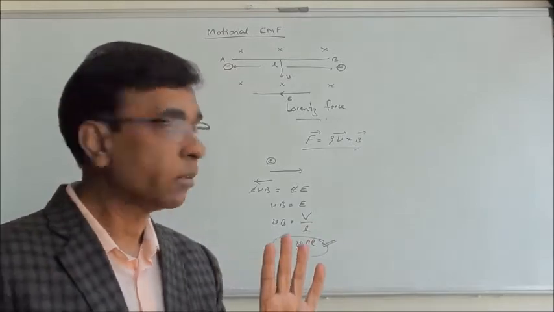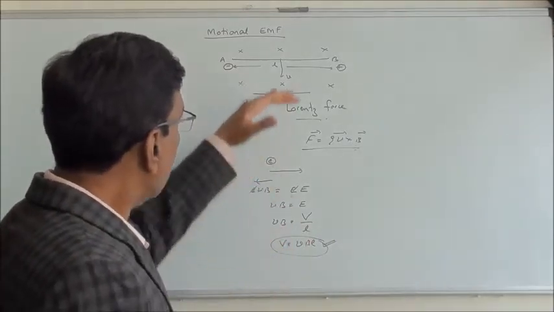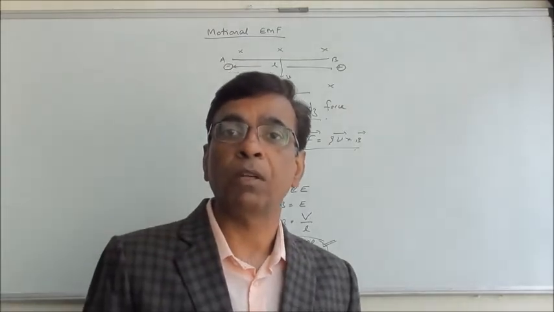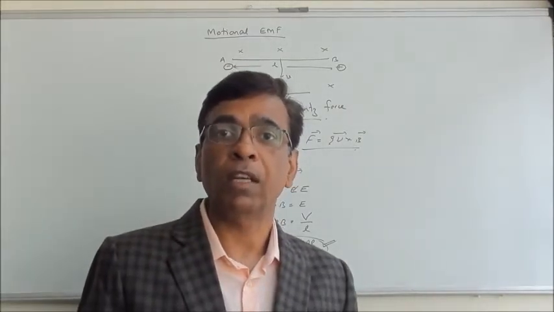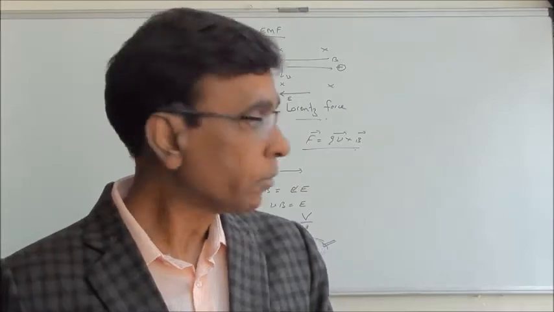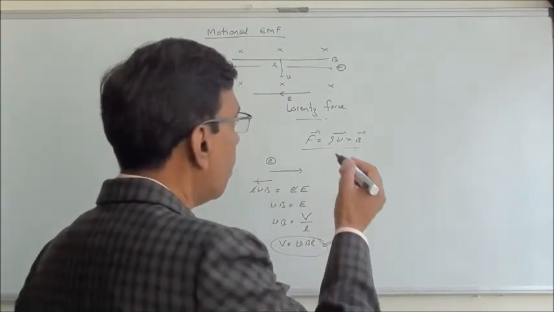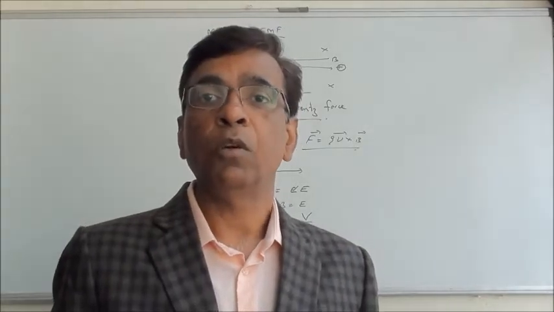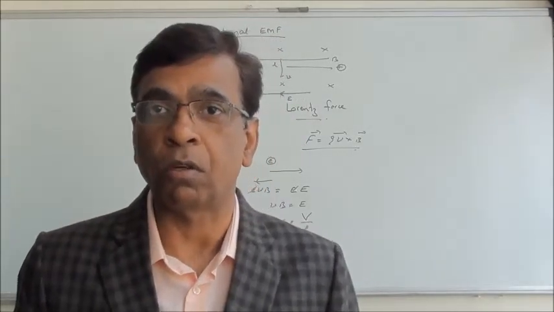No flux change. I have taken here a specific case in which the rod is moving perpendicular to the magnetic field. If it is not perpendicular, we have to take that component of magnetic field which is perpendicular to this rod actually.